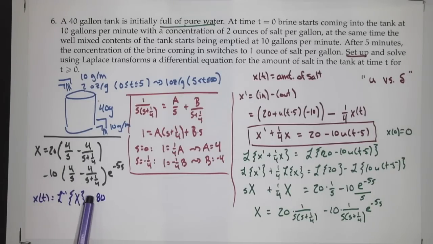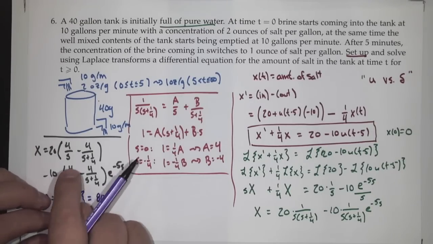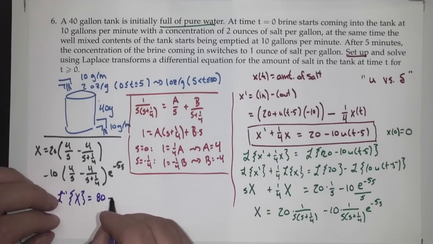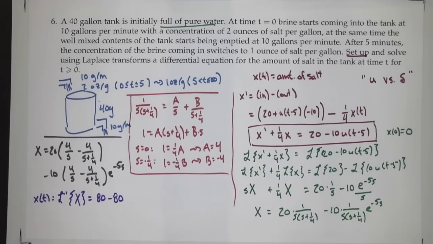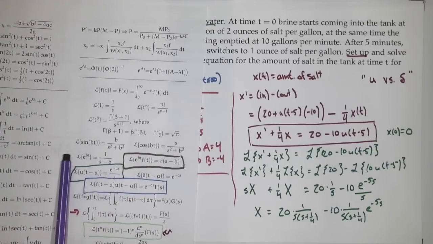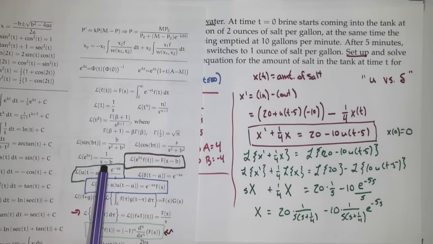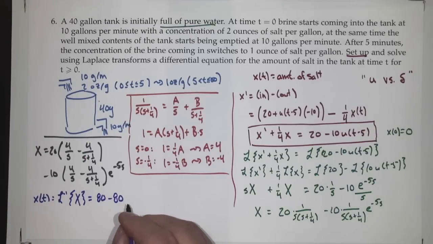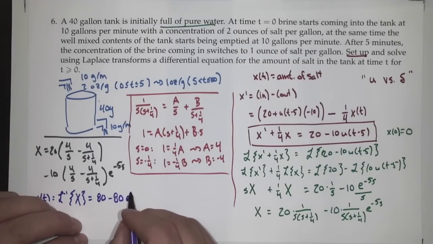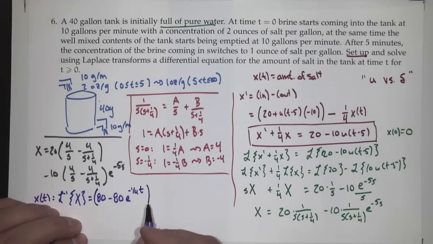So that's the first piece. And then we have minus 80 times the inverse Laplace of 1 over s plus 1/4. Well, that's an exponential function. So that's minus 80 e to the minus 1/4 t. So that's our initial piece.